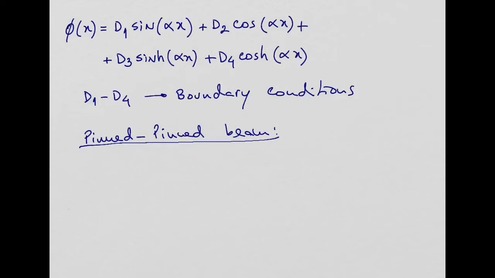So basically we will have a beam with these boundary conditions, right? Let's say the length of this beam is L, generic length L, for example.